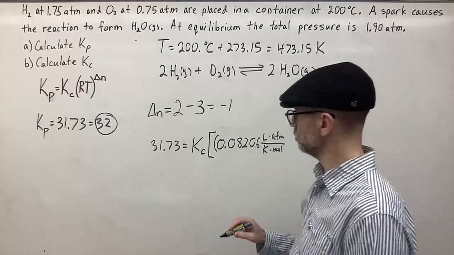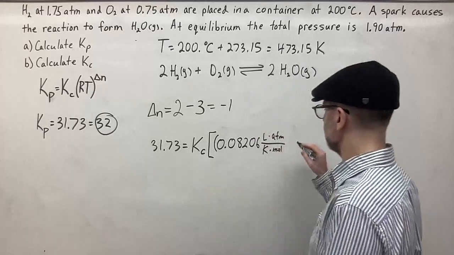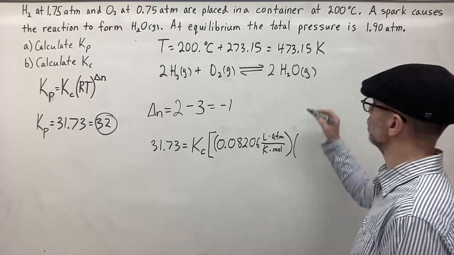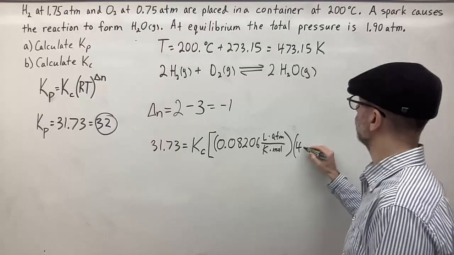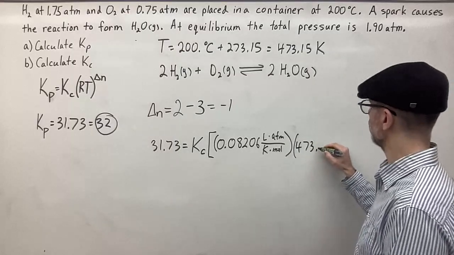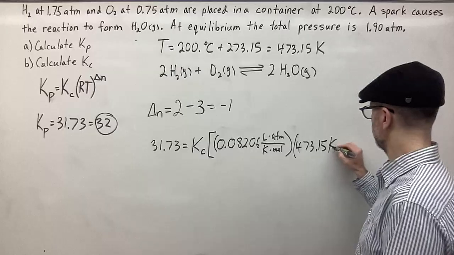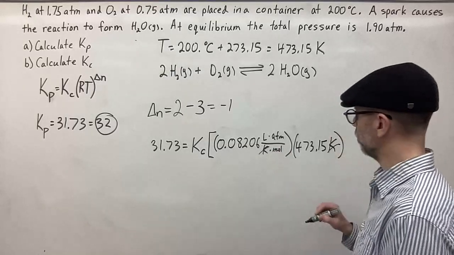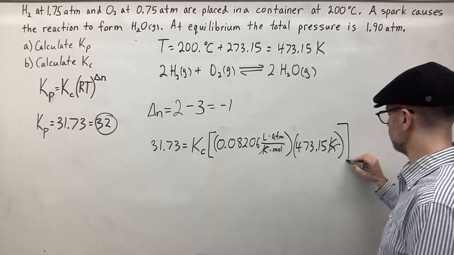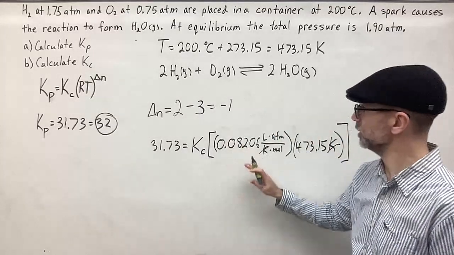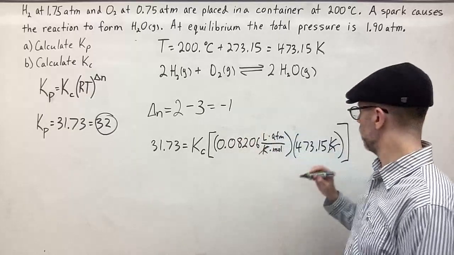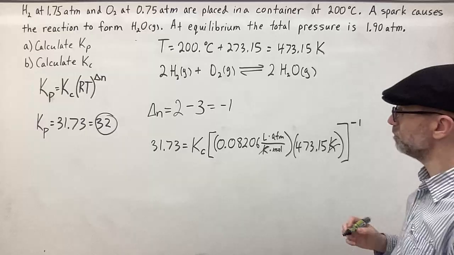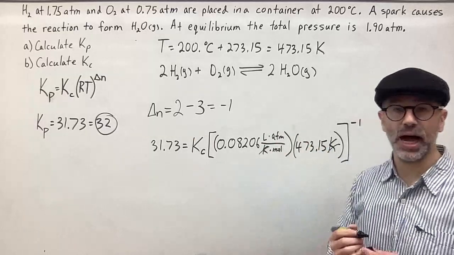And so we're going to multiply that by temperature, which is 473.15 Kelvin. So the Kelvins are going to cancel out. We'll put that in square brackets because all of this is raised to the power of -1. So we're going to put in -1 there, right? And then you can solve it that way as well.